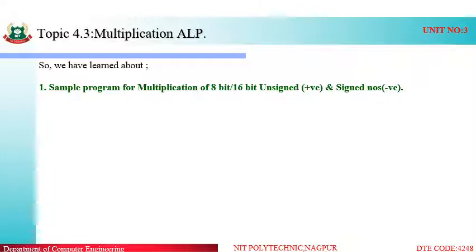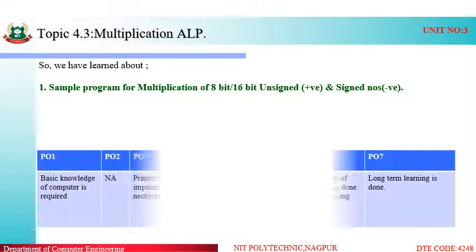The default register will be AL or AX, and the logic we have to always keep in mind is that always the greater number, that is a 16-bit number, will be divided by an 8-bit number, and a 32-bit number will be divided by a 16-bit number. It is not possible to divide 8-bit by 8-bit or 16-bit by 16-bit numbers.